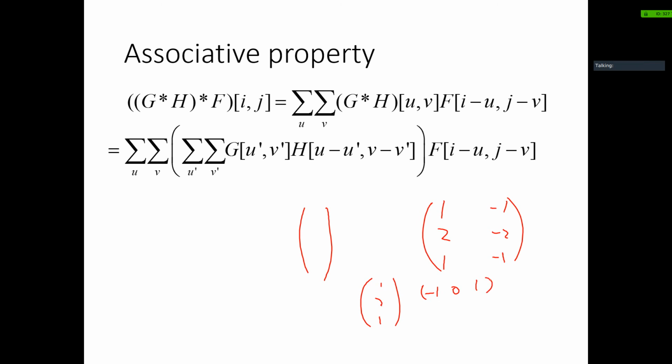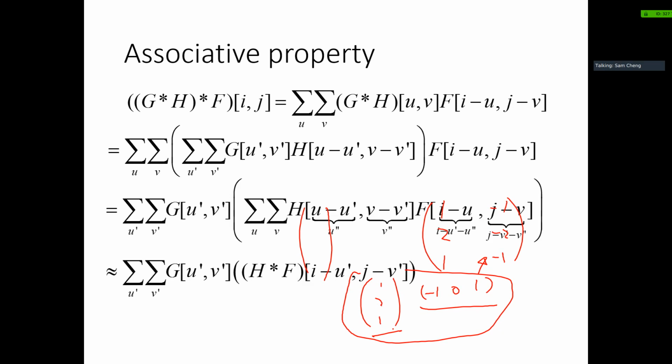The associative property says you can first combine these two filters by convolving them, then apply that to the image, and it will be the same as applying one filter and then the other. You can verify this with very simple math, again ignoring the boundary conditions.